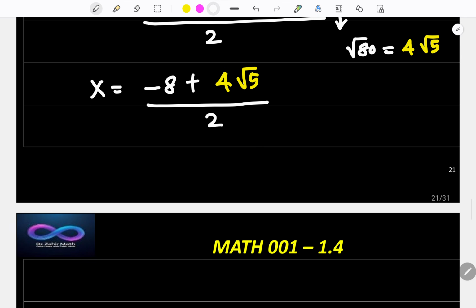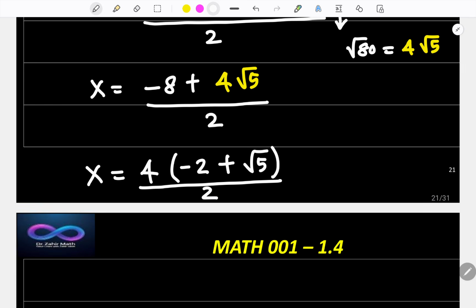Clear all of you? Right. So x equals, I'm going to take common 4. If I take common 4, what will I get? Come on, tell me what I will get. Which is minus 2 plus root 5 divided by what? 2. Clear everybody?